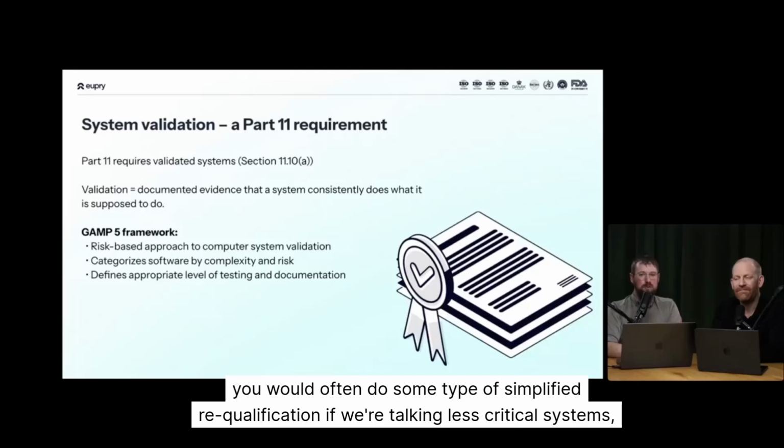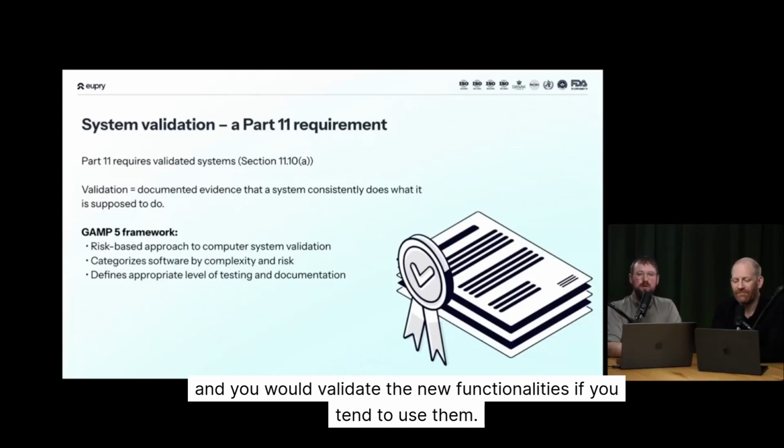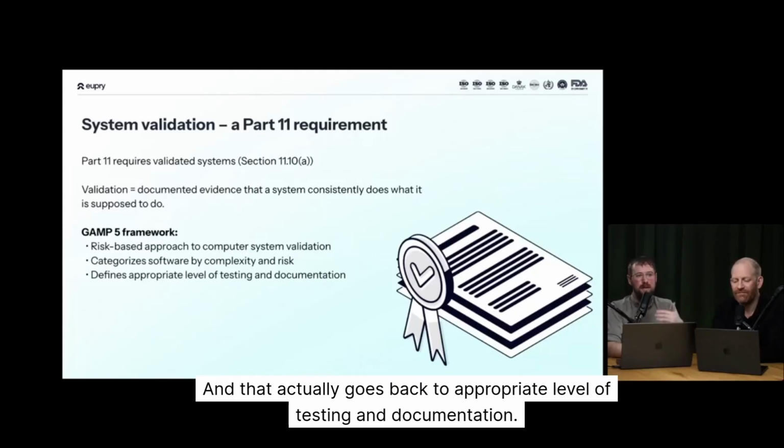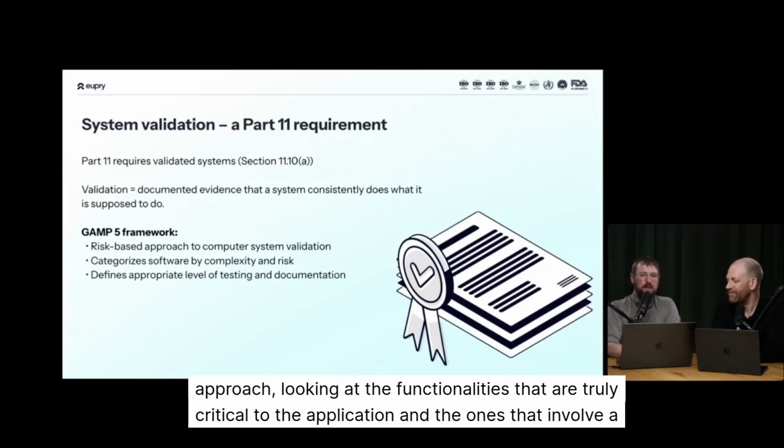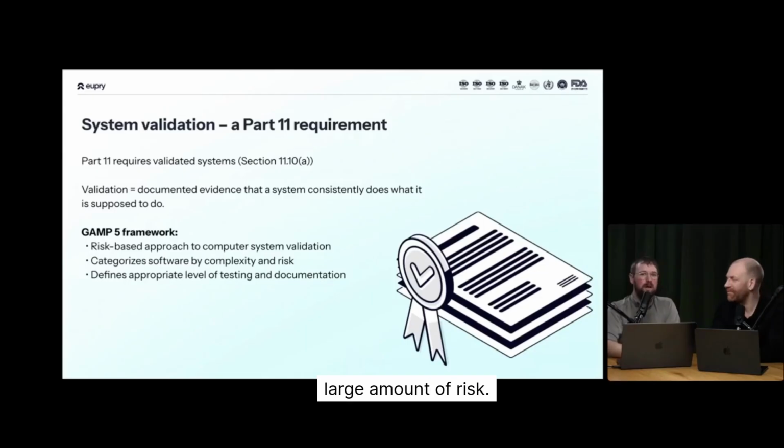You would often do some type of simplified requalification if we're talking less critical systems, and you would validate the new functionalities if you intend to use them. That goes back to appropriate level of testing and documentation. By and large, companies are becoming really good at using a risk-based approach, looking at the functionalities that are truly critical to the application and the ones that involve a large amount of risk.